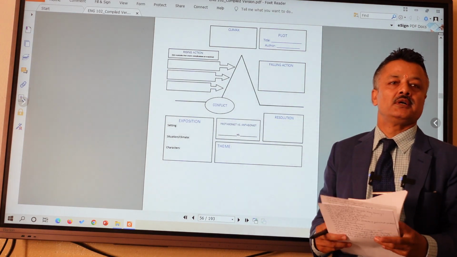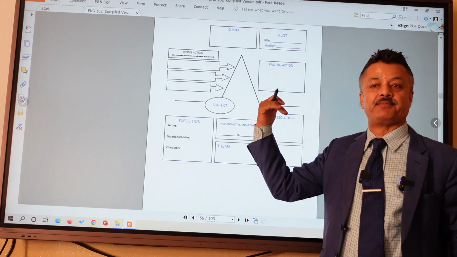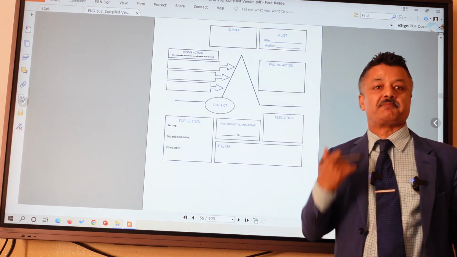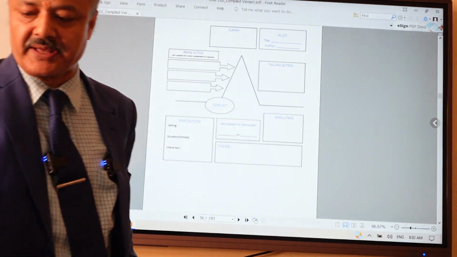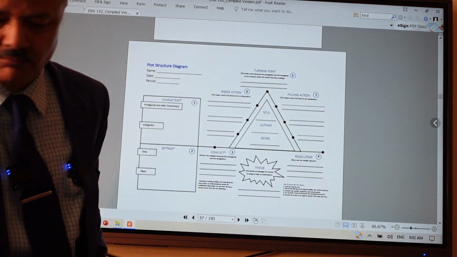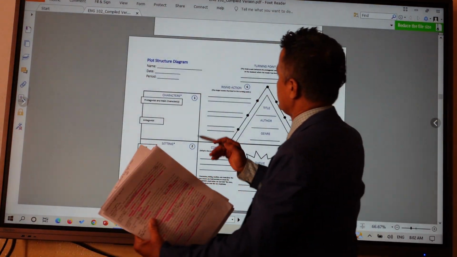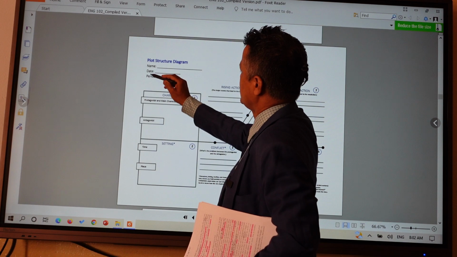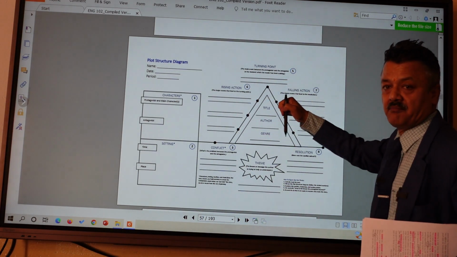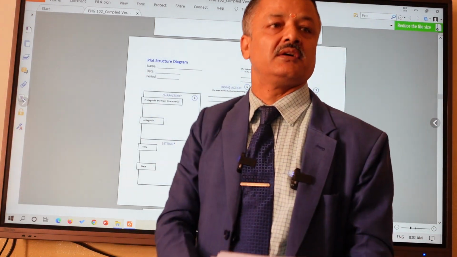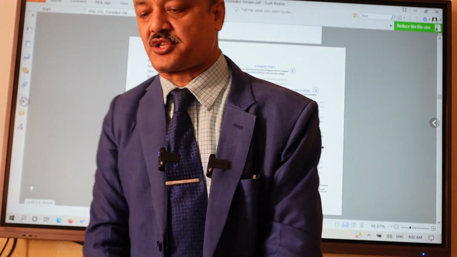You print it, fill it and submit it to me. Print it, do the exercise and submit it. Read this, like your name, write your name, date, period. Read this and fill this diagram and submit it to me. This is the assignment. If you can do this, you understand the story.